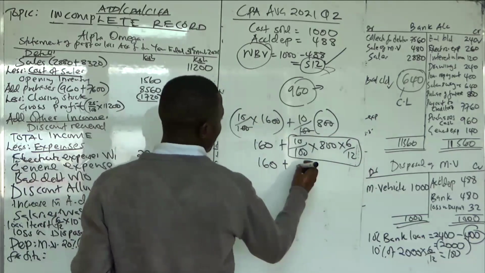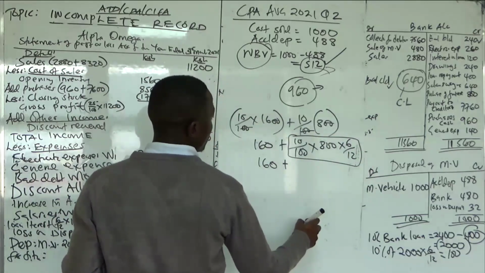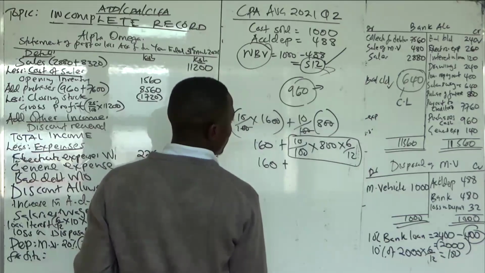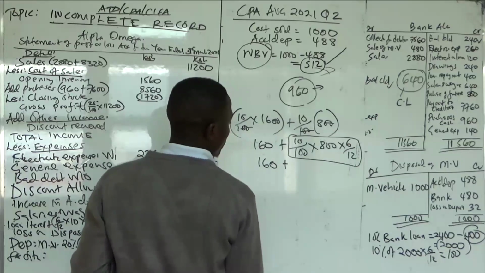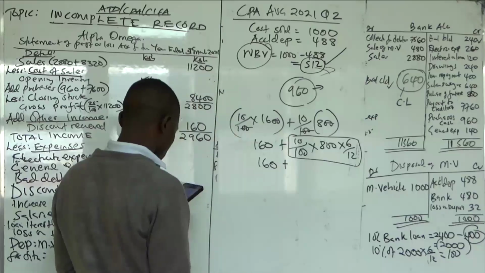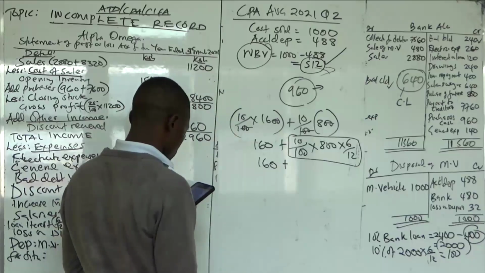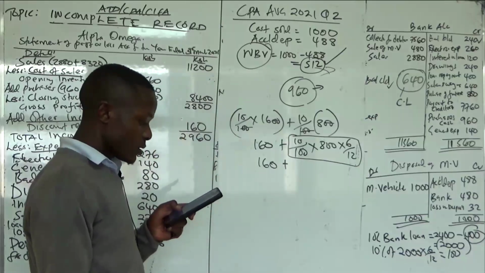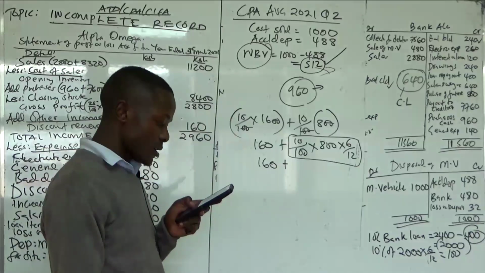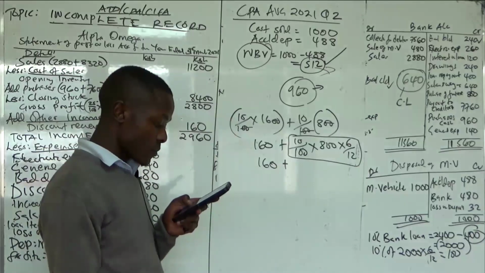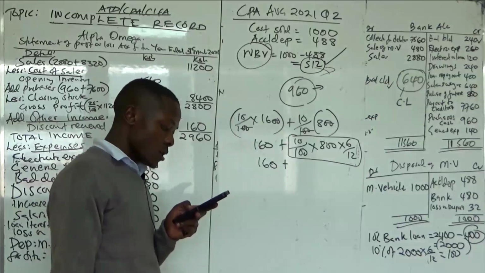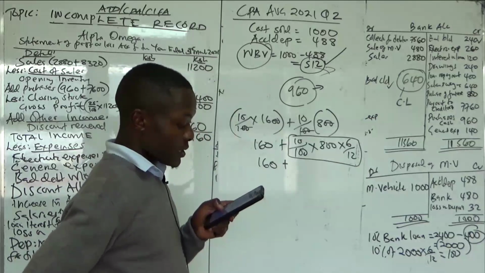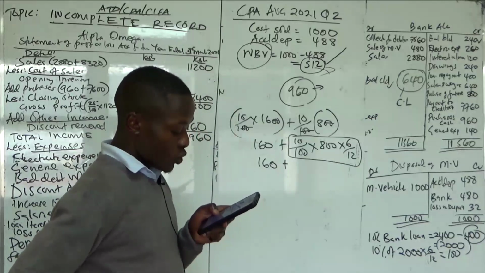Teacher, if you are using the 800, that furniture, they purchased it on 1st October and the financial year end is 31st March. So that is 7 months. You see, 1st October and 31st March 2021. It was purchased on 1st October 2020.